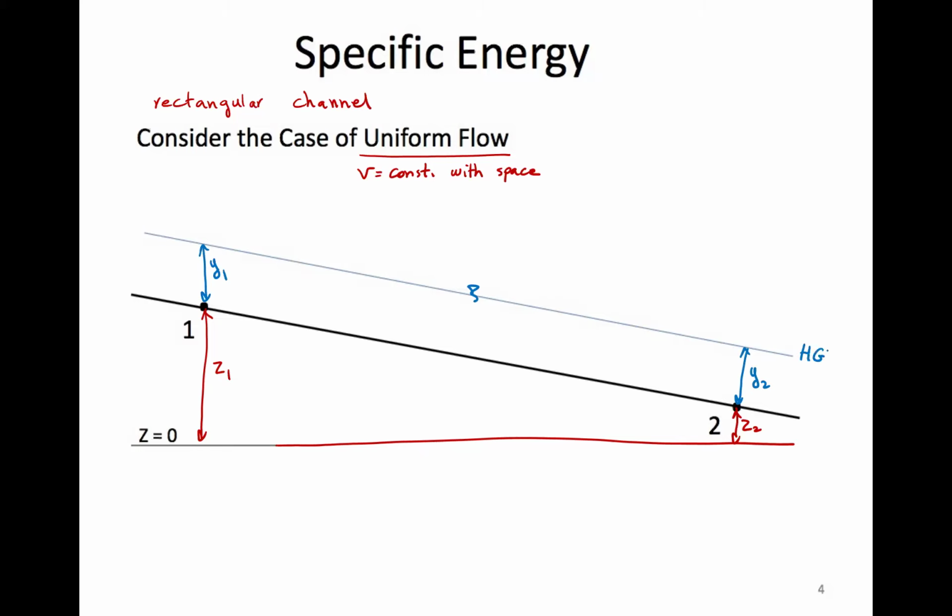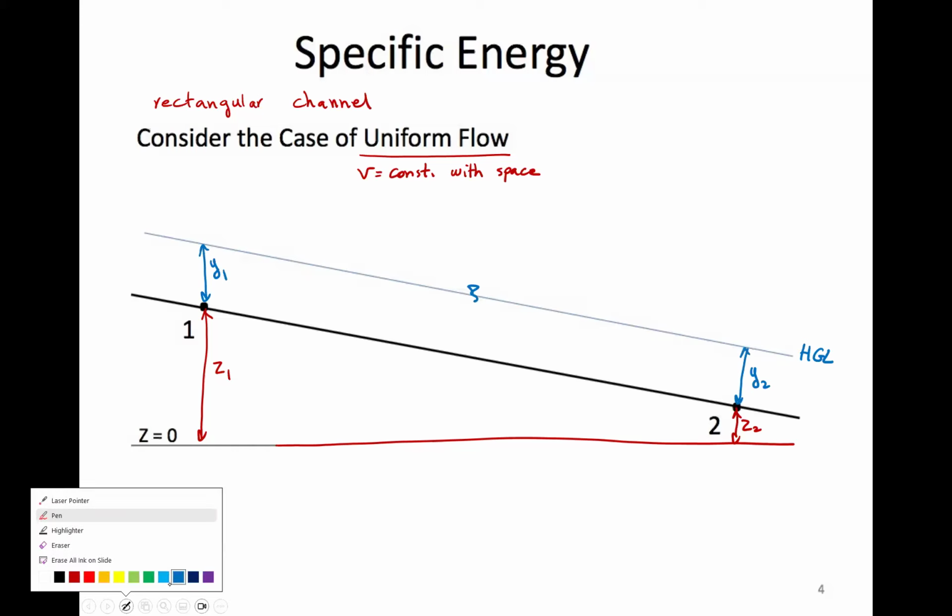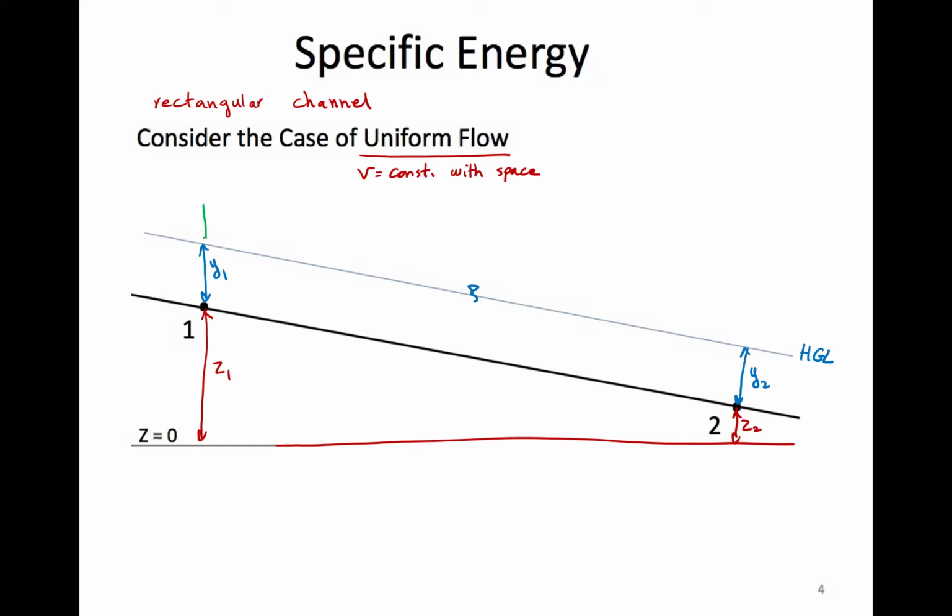I'm going to write it here. And then also we have the velocity head, nothing new. Velocity head V1 squared over 2g, and velocity head here V2 squared over 2g, and the line connecting them is the EGL.